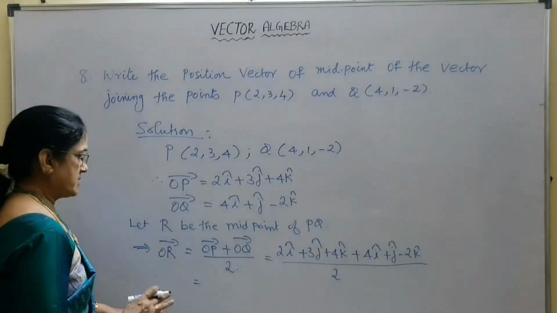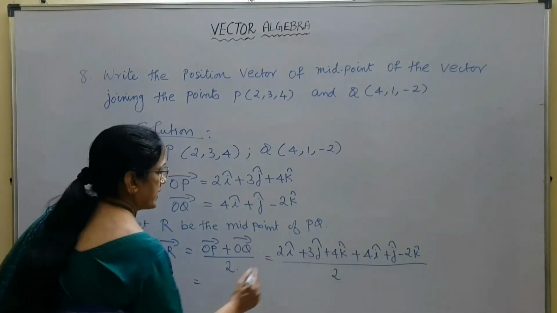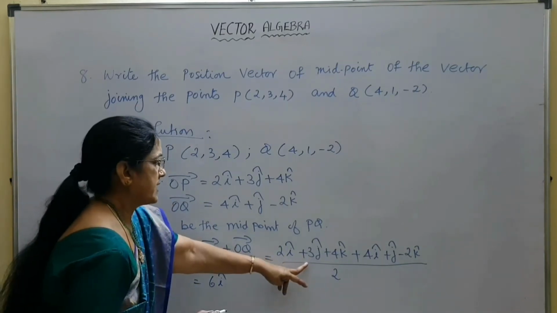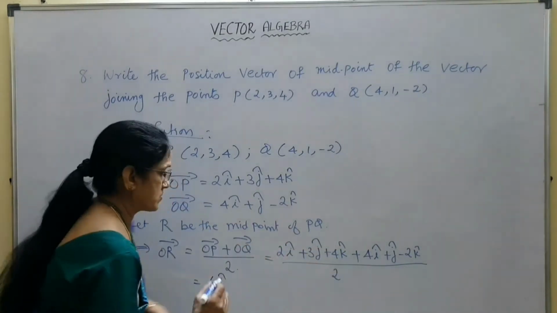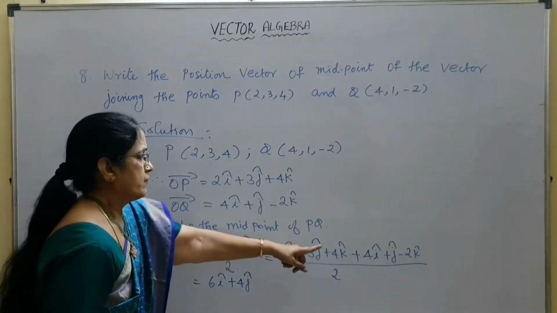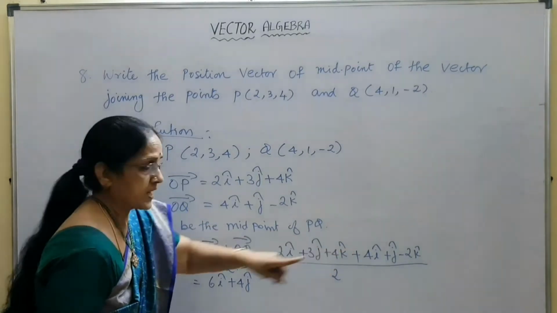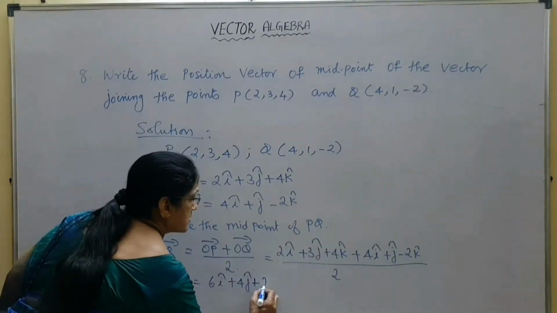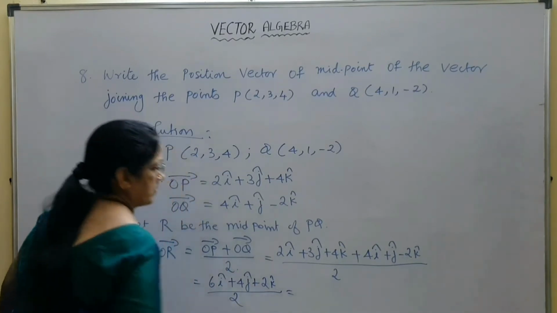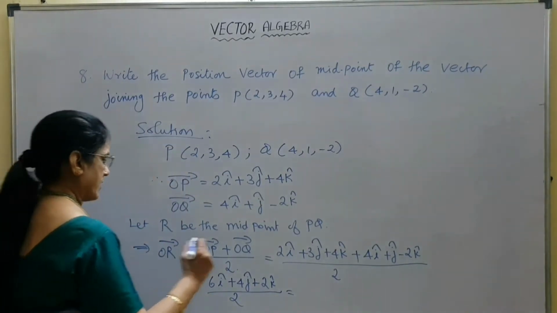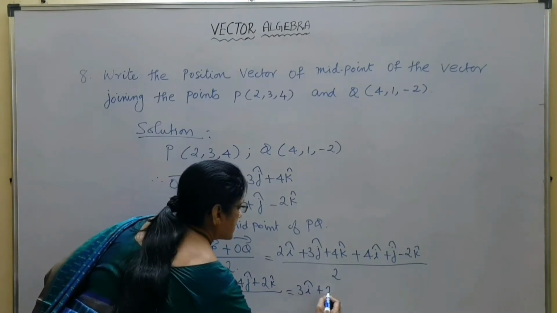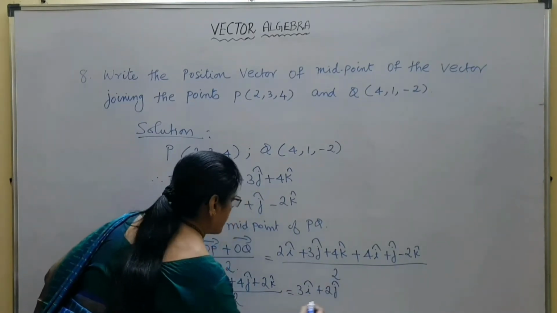Let us simplify this. 2i cap plus 4i cap is going to be 6i cap. 3j cap plus j cap is going to be plus 4j cap. 4k cap minus 2k cap is nothing but plus 2k cap, by 2. Now, when I simplify this further, I will be getting 3i cap plus 2j cap plus k cap.